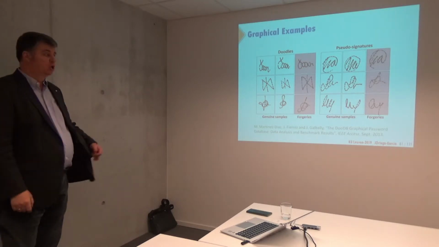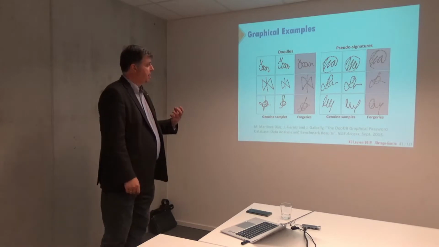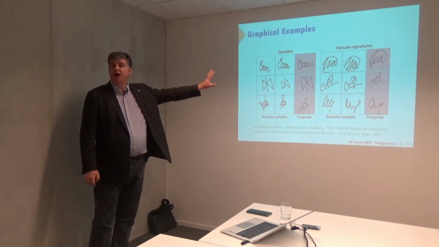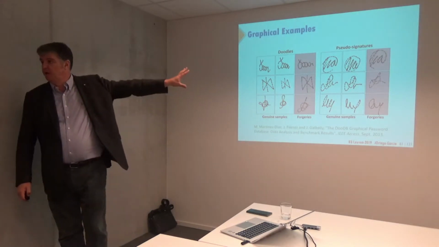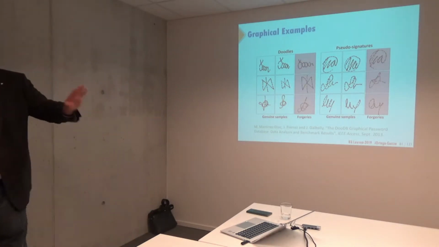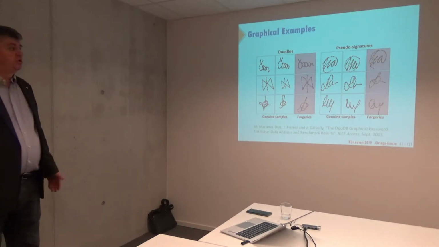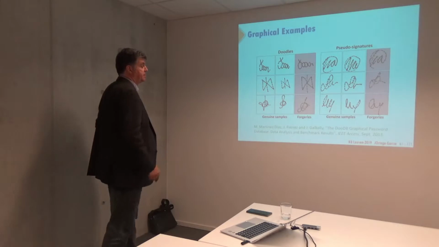Of course, we are not approaching the problem only from the graphical point of view. Here I show you the graphic output. That's not the only thing we are looking at. Okay, but of course you have a problem because these are very similar.